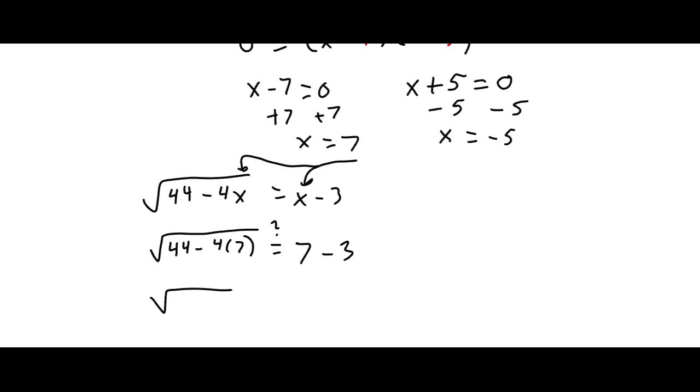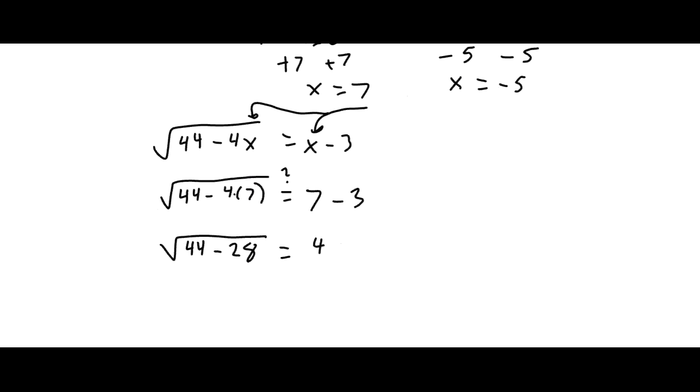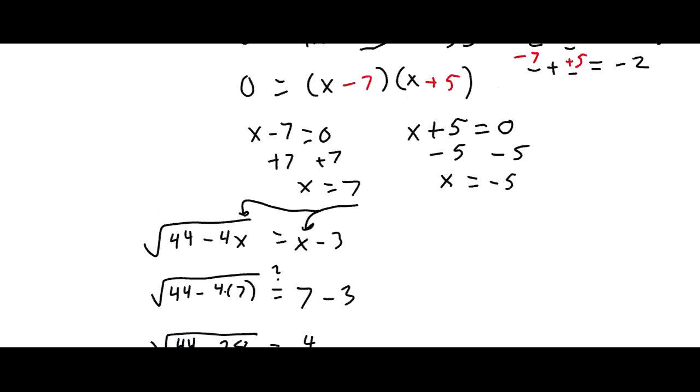You have to multiply before you subtract, so we have 44 minus 28 inside of a square root equals 7 minus 3, which is 4. Square root of 44 minus 28 is 16, so we have square root of 16 equals 4. It sure does. So that means our answer of x equals 7 really does work.